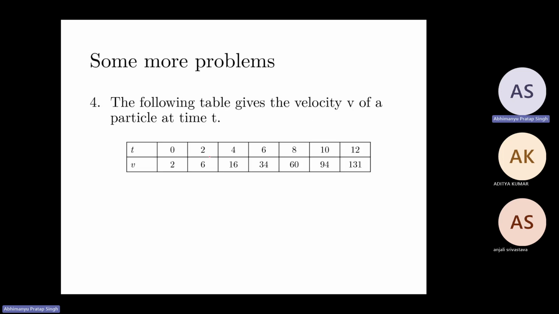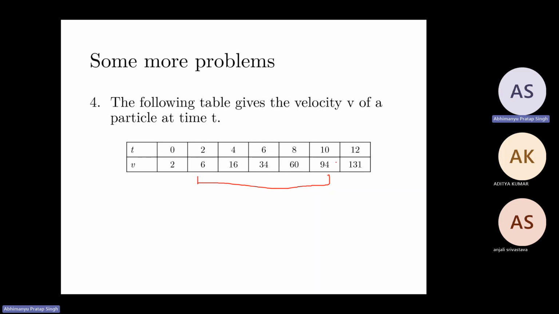The next one is you just need to calculate the velocity. This is similar to the non-graded assignment problem or even the graded assignment problem. You need to make sure that the central difference formula gives you a better approximation than the forward or backward difference formula. So for all the points in between in this table, you need to use the central difference formula because you have the point just before and just afterwards.